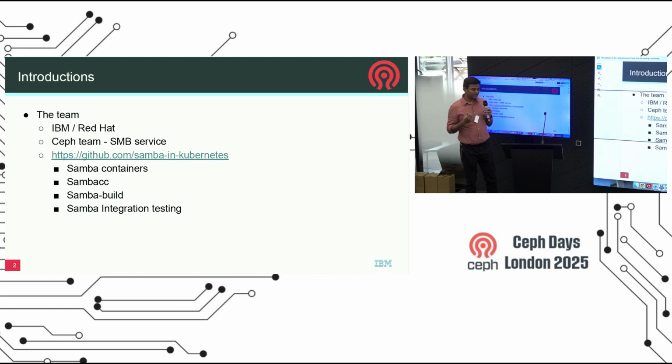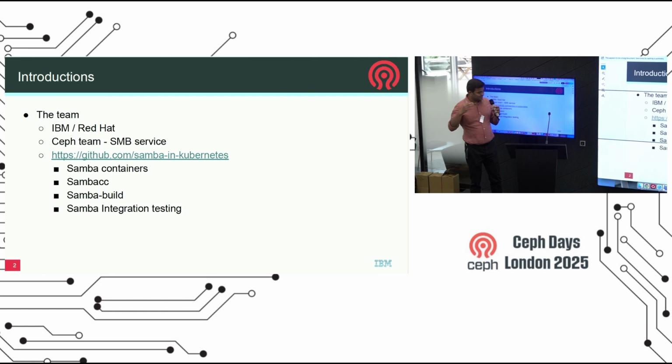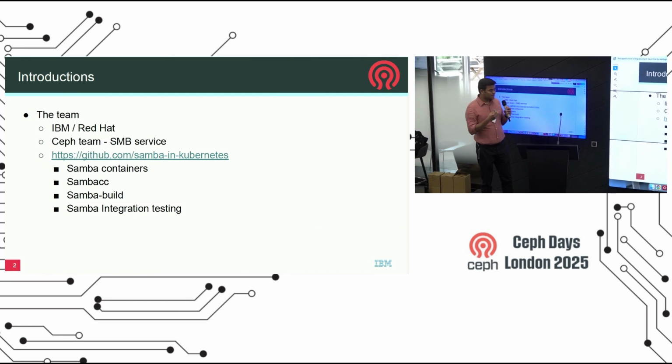It reads a JSON file and creates the Samba configuration required and then starts the SMBD server. Samba build is a project where we do nightly builds of upstream Samba, which we use for our testing. And finally, we have Samba integration testing, a test runner which runs a set of tests for Samba against a clustered file system.